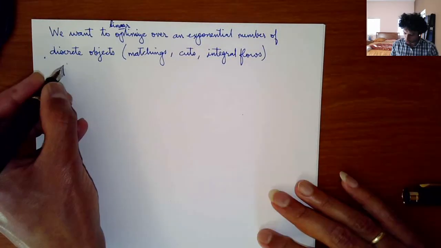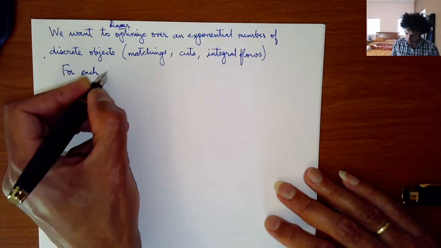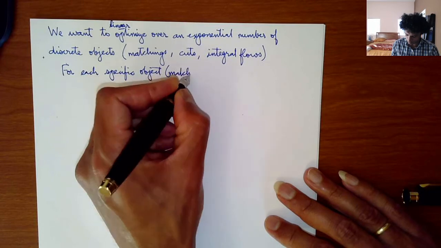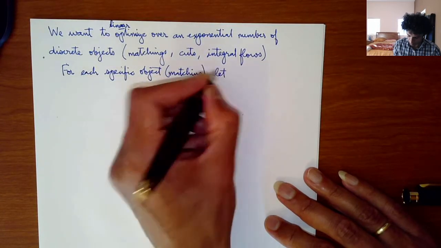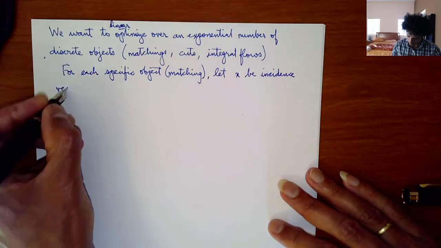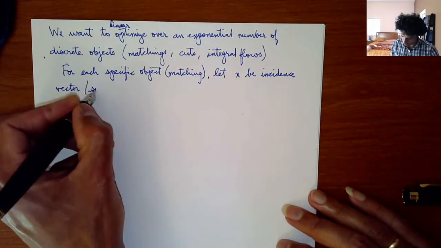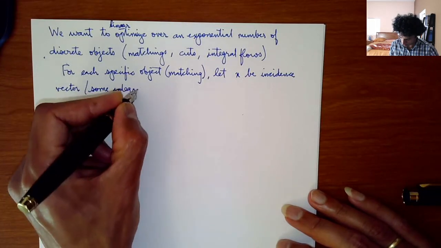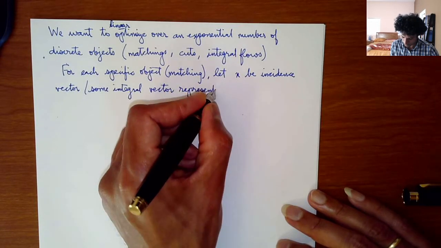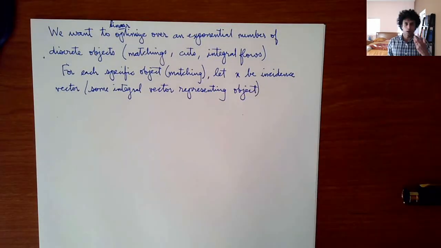For each specific object, for example a matching, let x be the incidence vector, or some integral vector representing the object, and you want to perform an optimization over all of these.